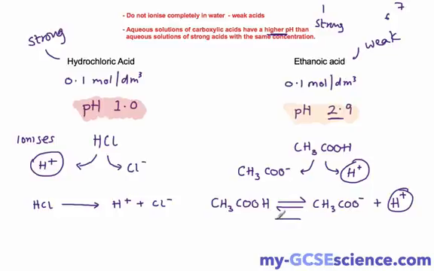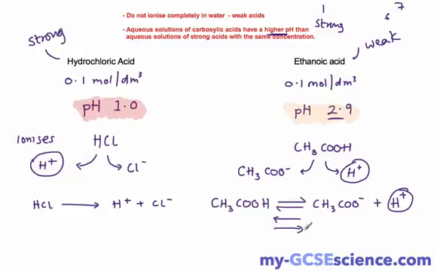So we're going to get movement in the reverse direction as well as movement in the forward direction. So this happens and it will reach equilibrium, and when it reaches equilibrium, that means the same number of molecules of CH3COOH, or ethanoic acid, are ionizing to make these two. We also have these two reacting to make our ethanoic acid.